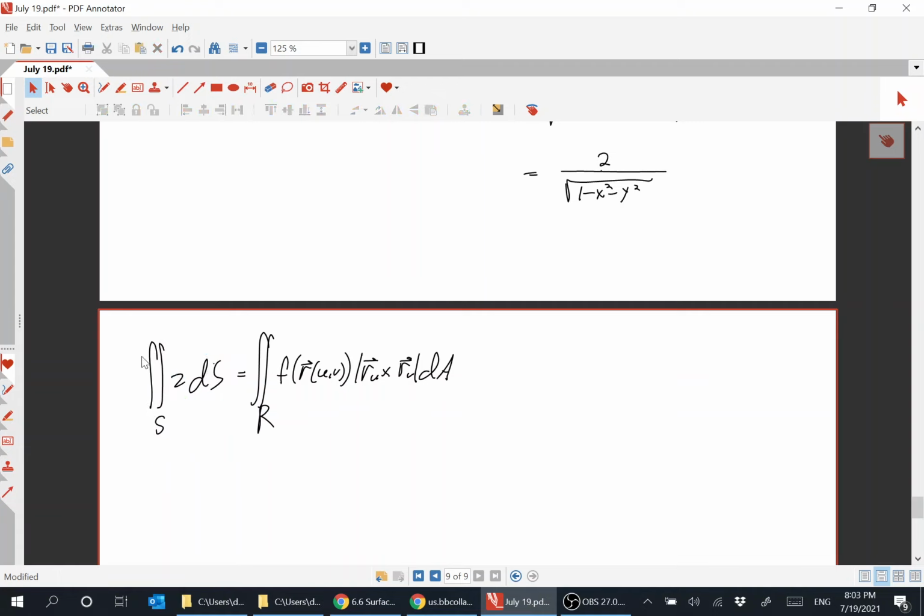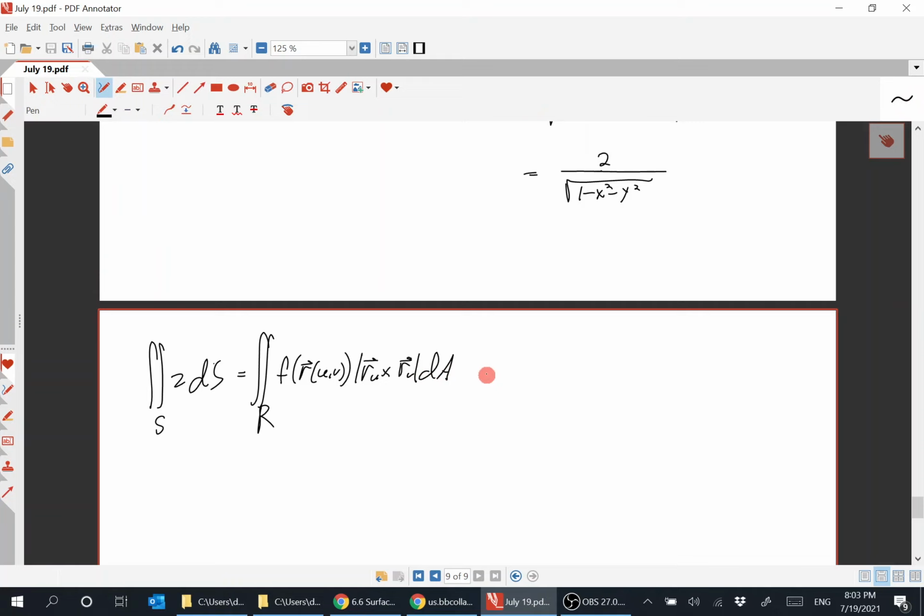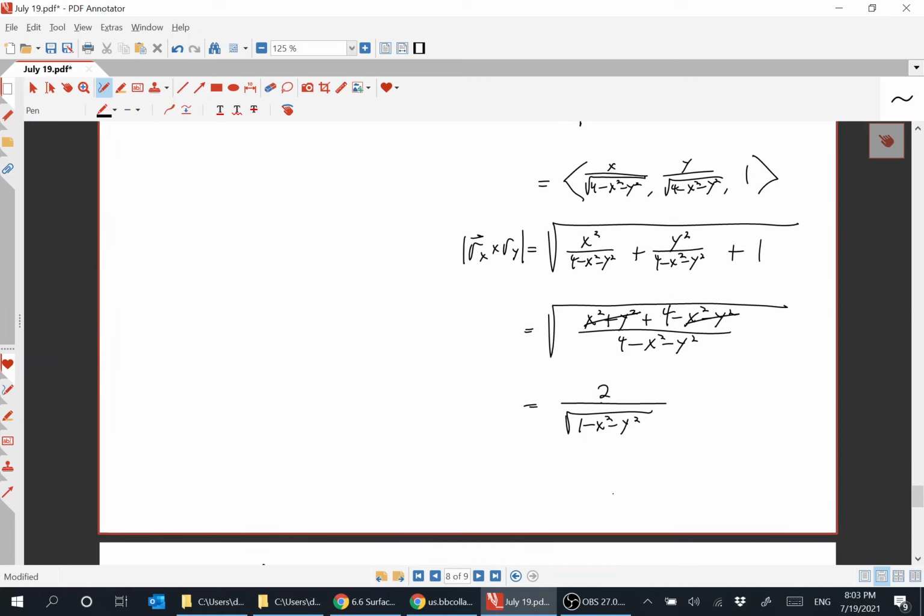But again, this is the notation for a scalar surface integral, and that's why we have the dS there. It turns out to be the double integral over R of f of r of uv, times ru cross rv dA.